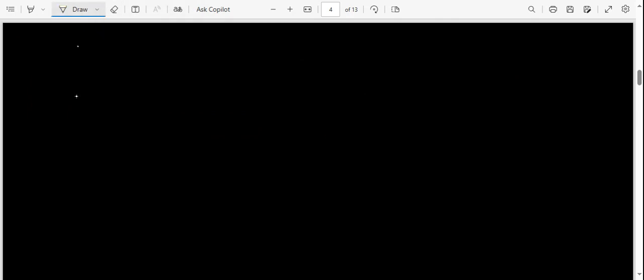Okay. So what we are going to do is we are saying state and path functions. So we are going to understand what a path function and also a state function.